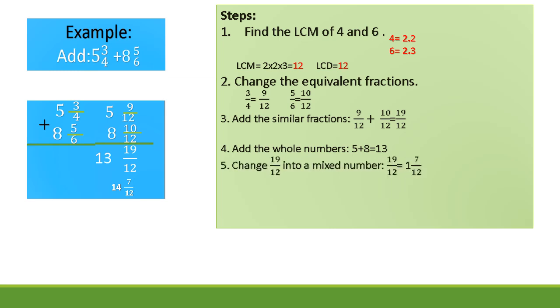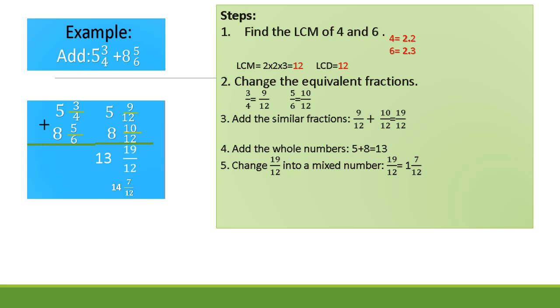Step 5. Change 19/12 into a mixed number. So 19/12 as a mixed number is 1 and 7/12. How? By dividing the numerator by its denominator. 19 divided by 12 equals 1.